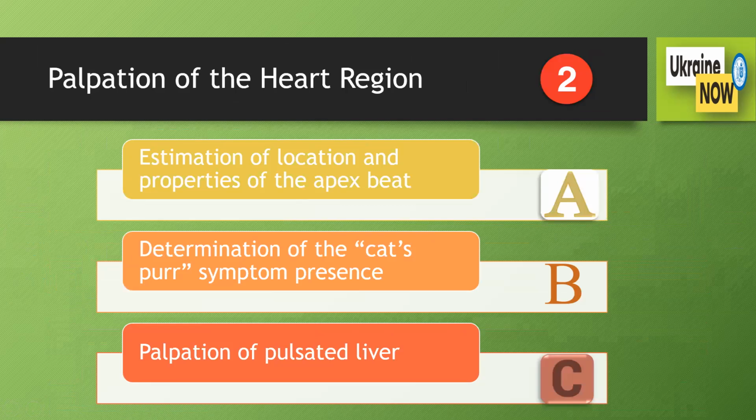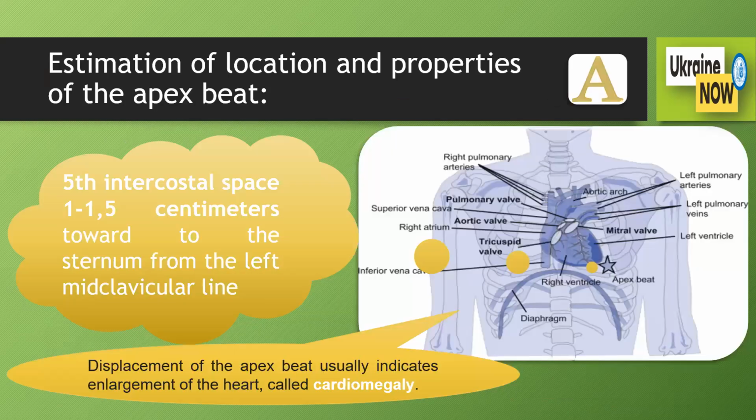Second step of physical examination is palpation of the heart region, and we should estimate location and properties of the apex beat, determine the cat's paw symptom presence, and palpate, if present, the pulsated liver. So point A in palpation of the heart region is estimation of location and properties of the apex beat.